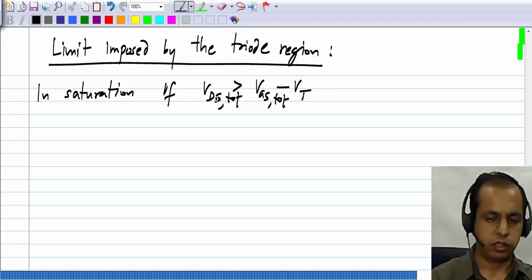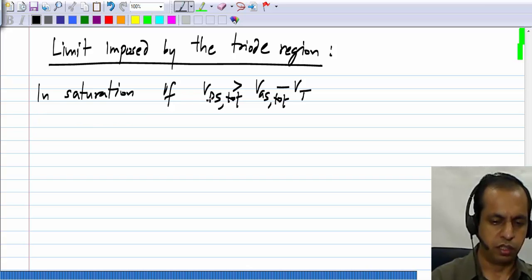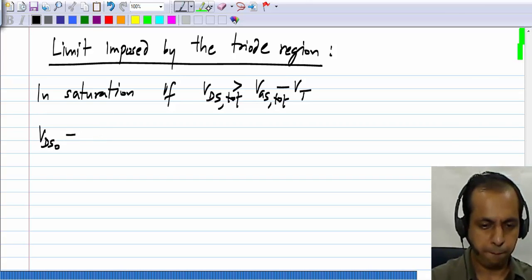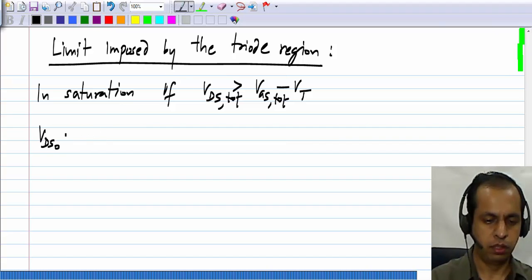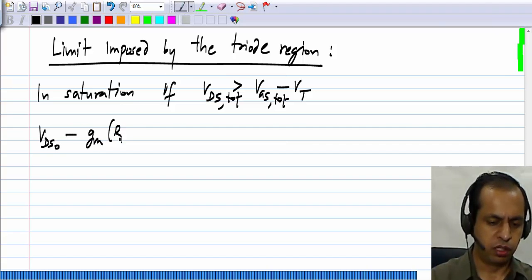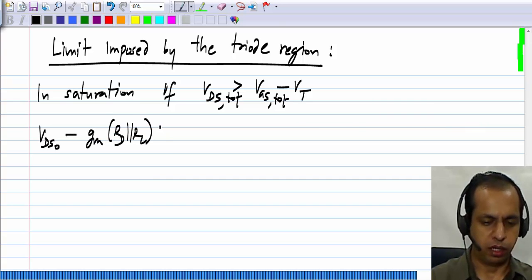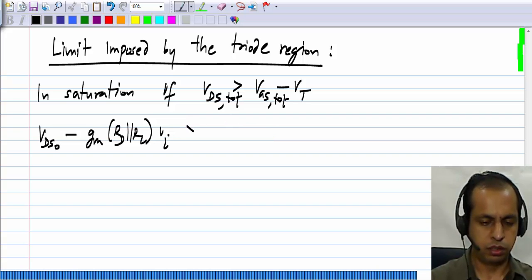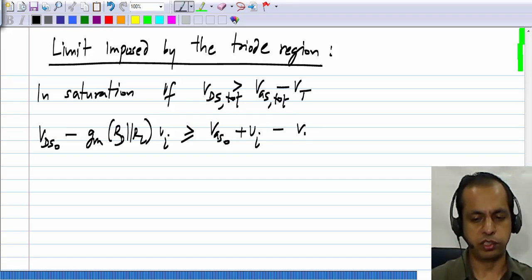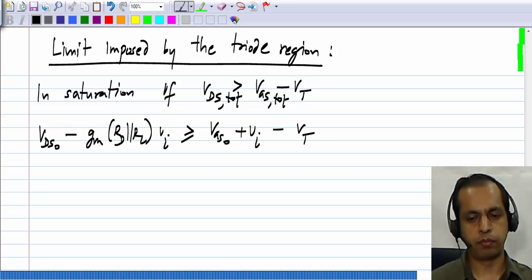So for it to remain in saturation, VDS total, which is VDS 0 minus gm (RD parallel RL) times Vi should be greater than or equal to VGS total, which is VGS 0 plus Vi minus the threshold voltage.